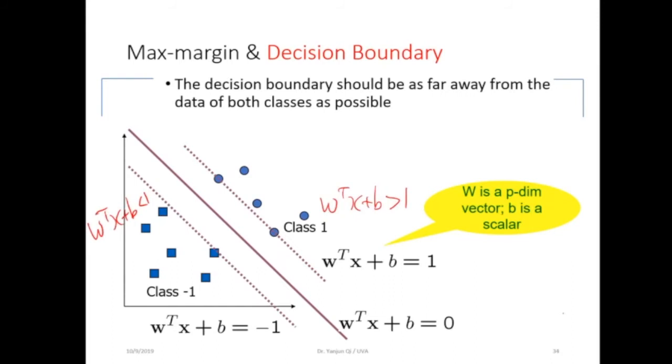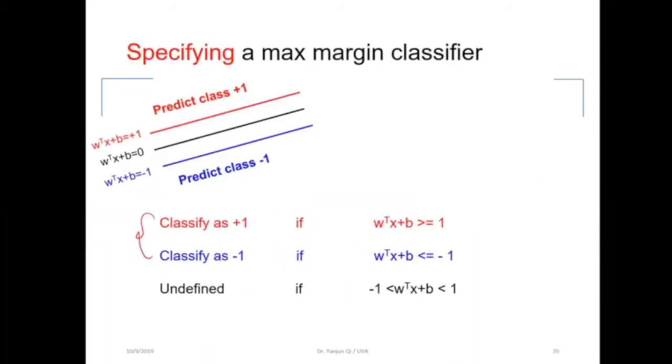And everything here, you're going to get values larger than 1 because it's a linear function, right? And just using the sign function to push it to +1. And this itself tells you how certain you are in the +1 region. And this tells you how certain you are in the -1 region. So now we actually specify this max margin classifier.